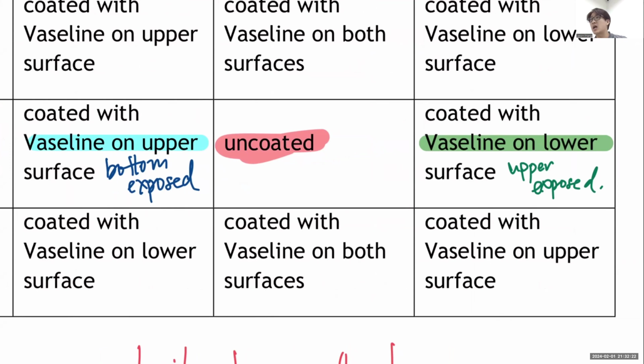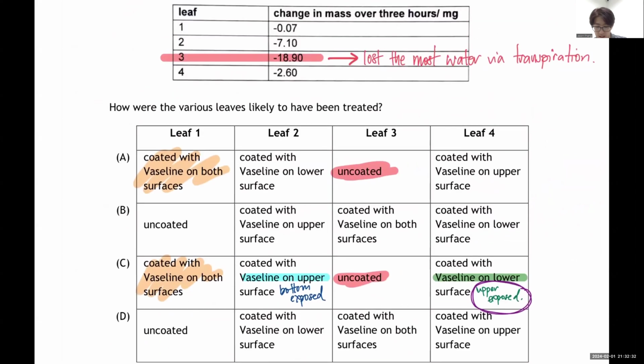Upper or lower got more stomata? So look at this one. This one will lose more water. So if you choose option C, is it correct? When leaf 4 loses more water than leaf 2? So answer is A.